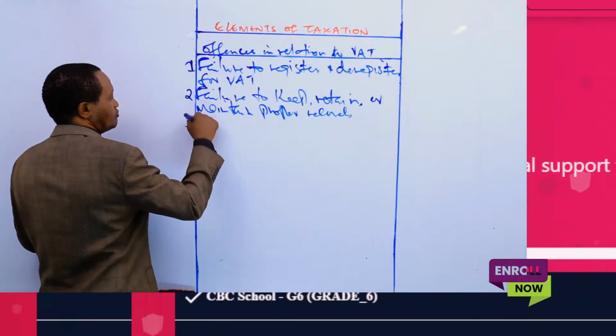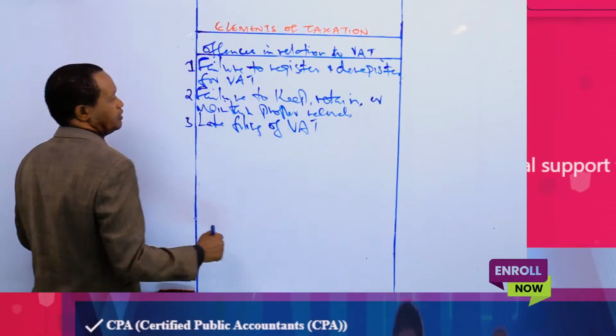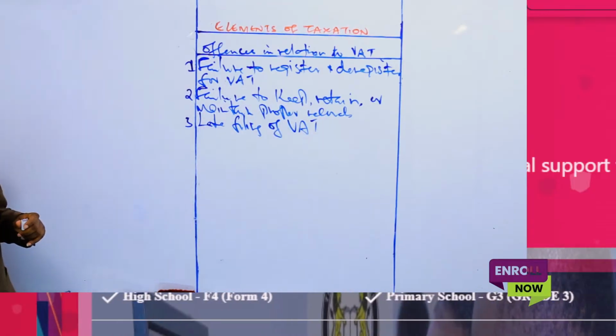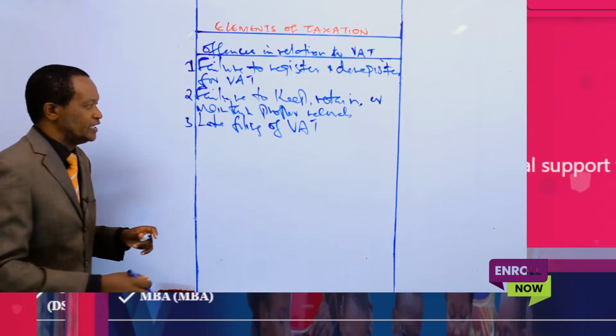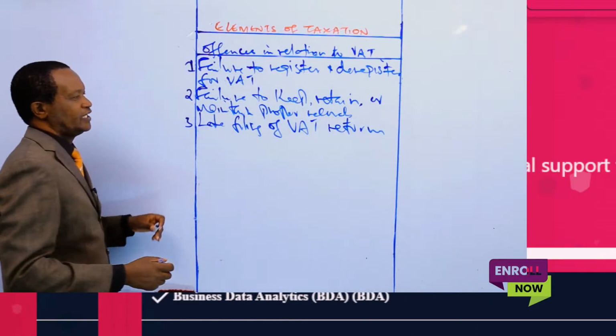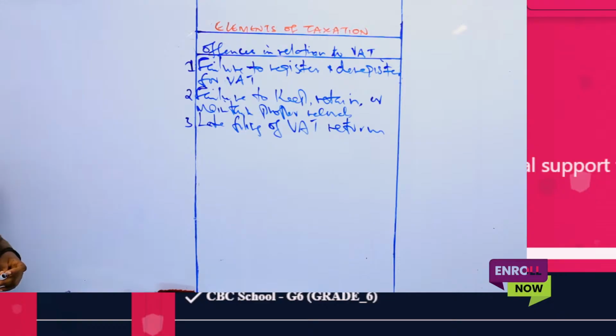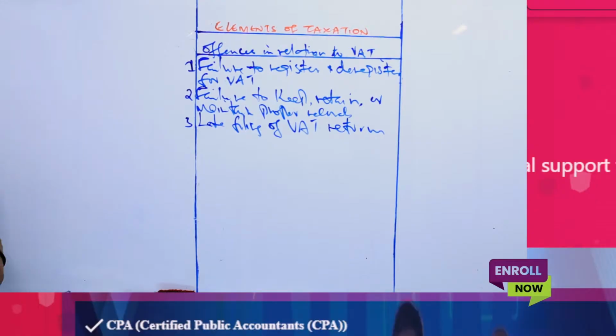Number 3. Late filing of VAT returns. The offense, candidate, is failing to submit the monthly VAT return by the due date.